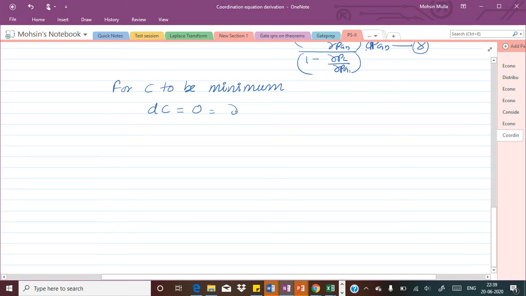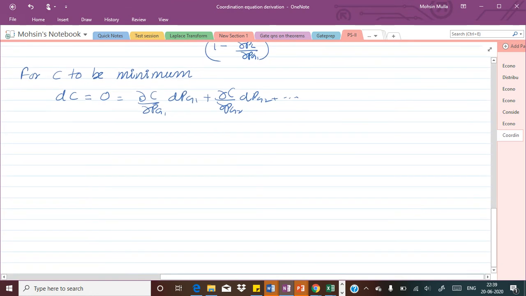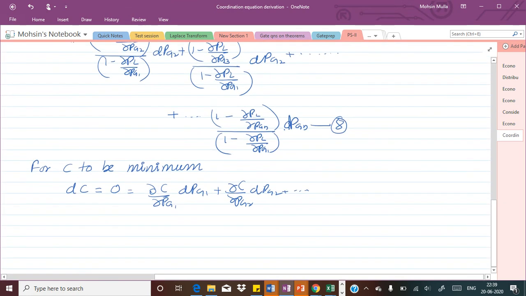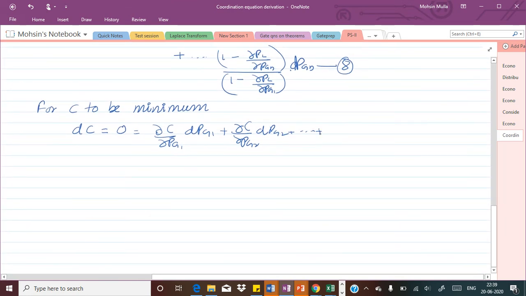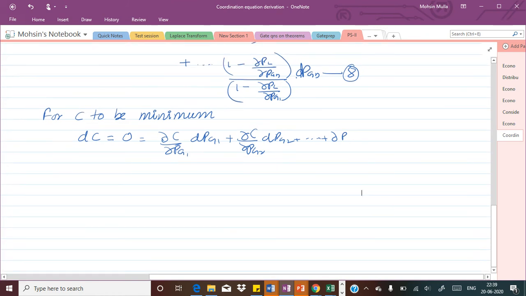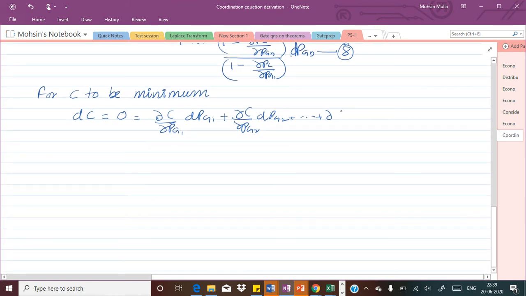So it will be ∂C divided by ∂Pg1 into dPg1 plus ∂C divided by ∂Pg2 into dPg2 plus so on, ∂C divided by ∂Pgn into dPgn. So this is equation number 9.